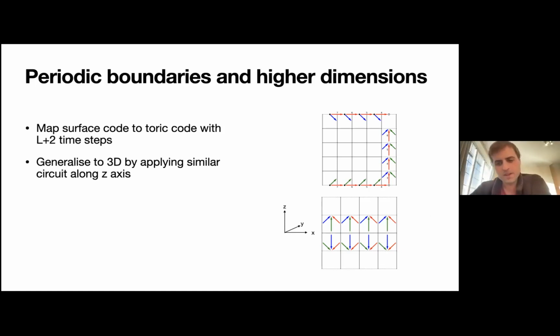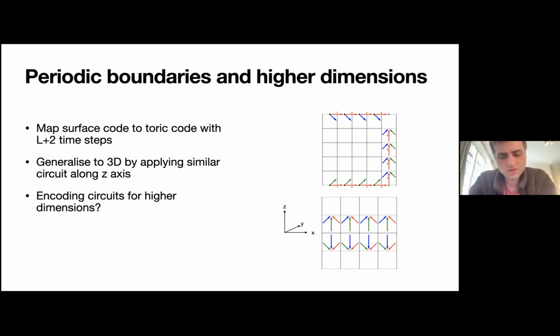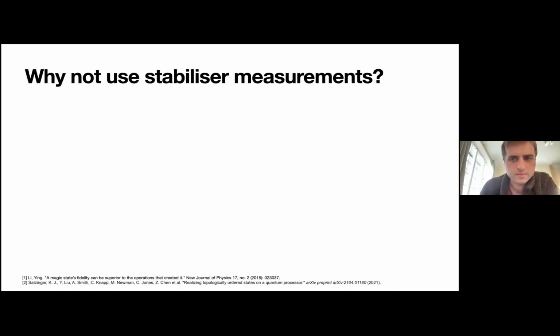If you imagine, say, a surface code in the XY plane here, we also find encoding circuits that can then generate a 3D surface code from that. Although we leave higher dimensions to future work, we don't prove the same thing, but we expect the same method could generalize to higher dimensions as well, giving optimal encoders for those.